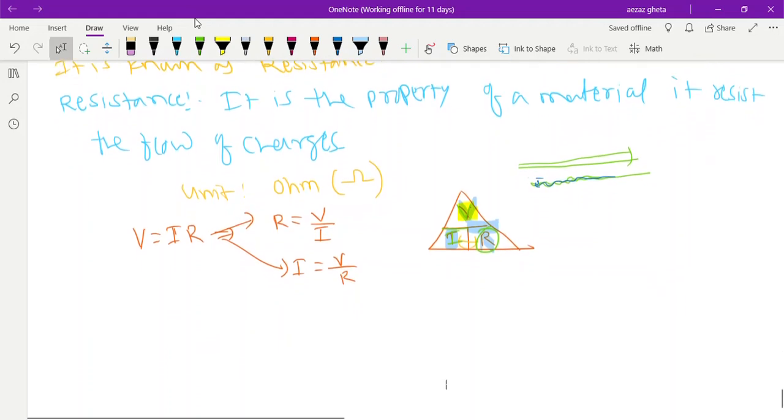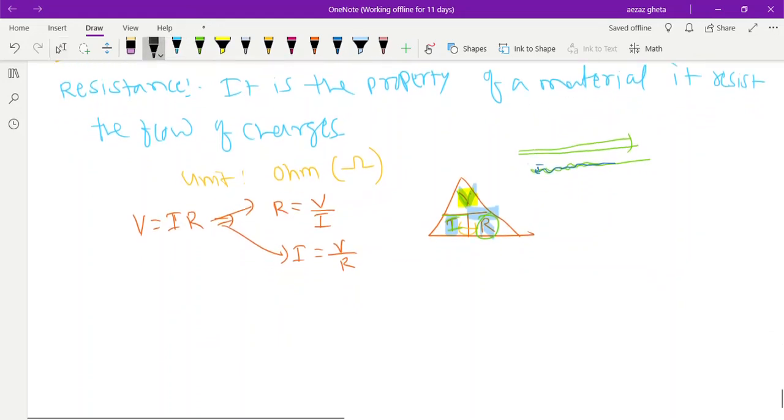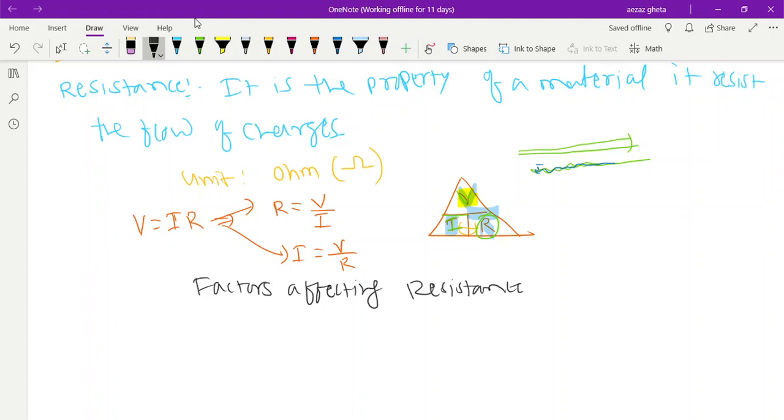So this is Ohm's law and definition of resistance. Resistance is different for different material. Yeah, there are certain factors affecting resistance. See, there are four factors, I think. Like first is temperature. So resistance is directly proportional to temperature.